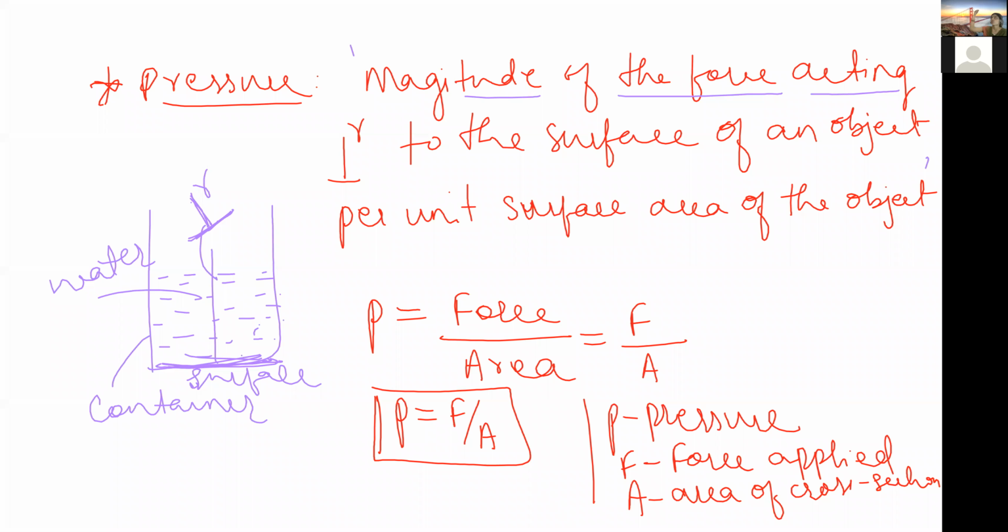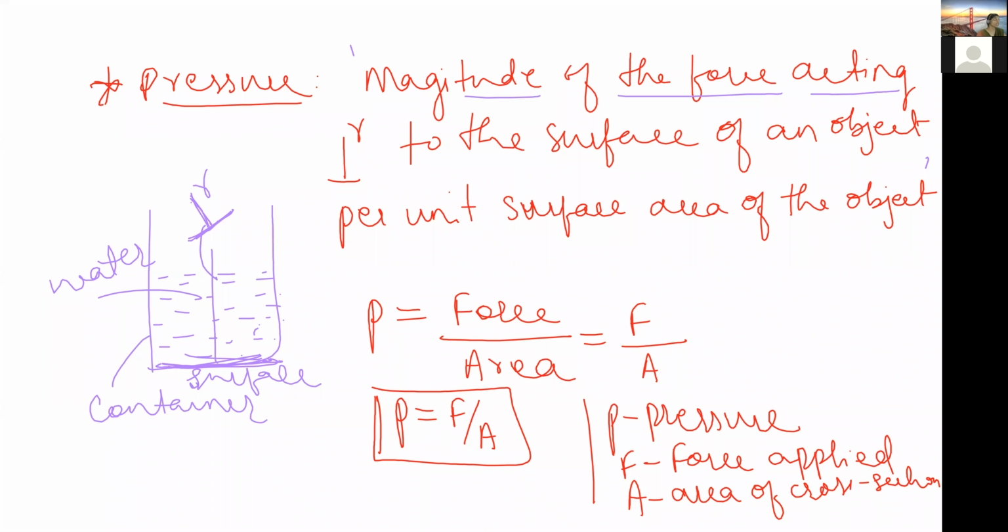Therefore, pressure is given by the formula P is equal to force by area, where P is the pressure exerted by the water on the container, and F is the force applied by the water on the container. The force is perpendicular to the surface of the container.